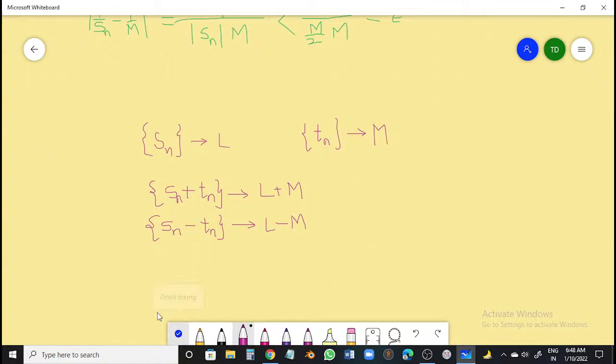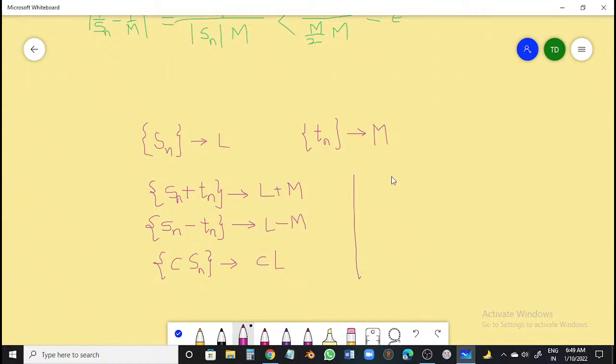Then the next term comes as, if you are having some real number in hand C and multiplied to all the terms, C Sn, so scalar multiple of the sequence goes to the scalar multiple of the limit, C times L. This already we have seen.